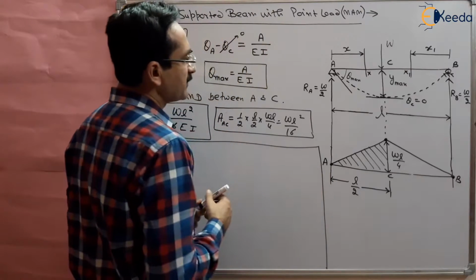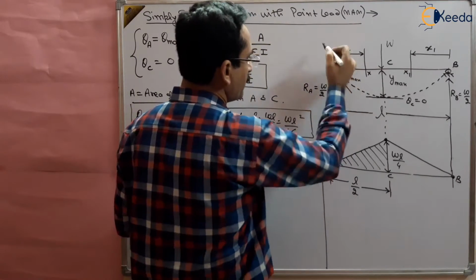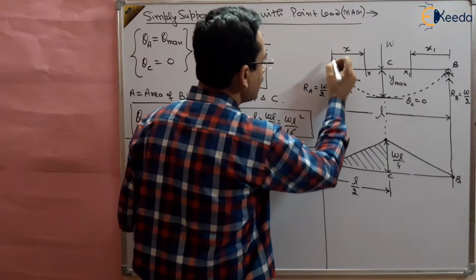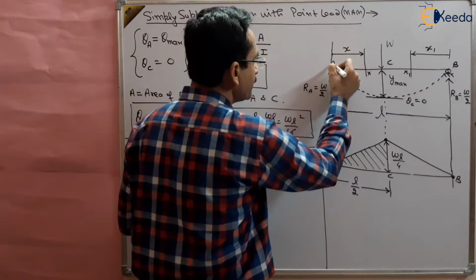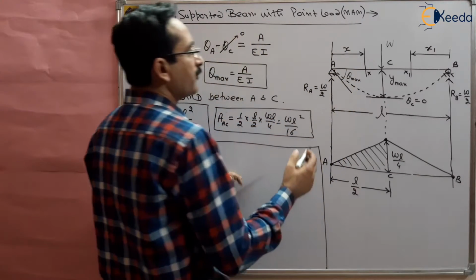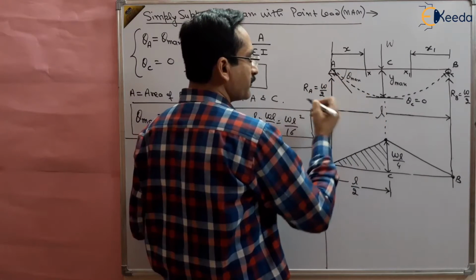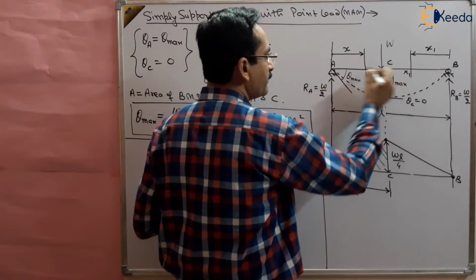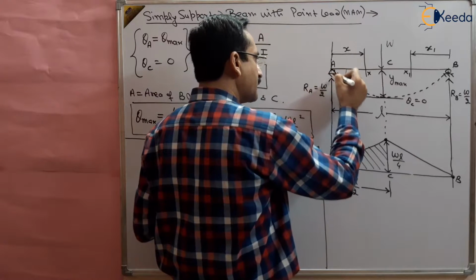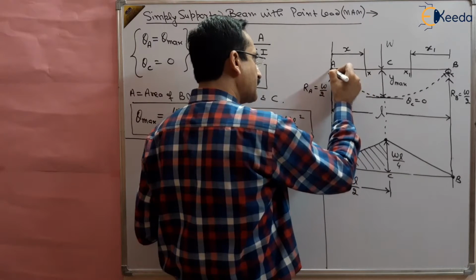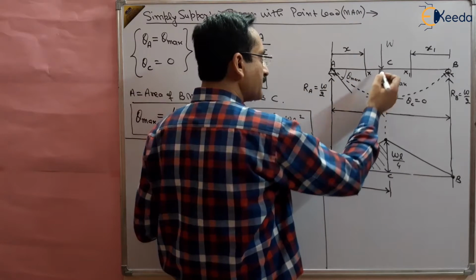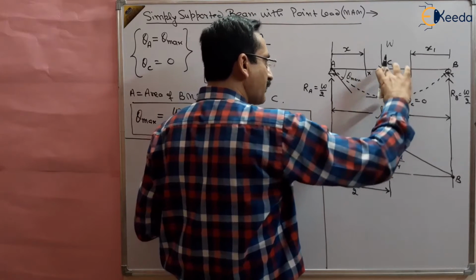So let us take the reference line on this support only. So here we are taking the reference line, and one of the tangents should be parallel to this line and another should be tangent to this. The tangent should pass through this point and another should be this point, so that Y max may be obtained.